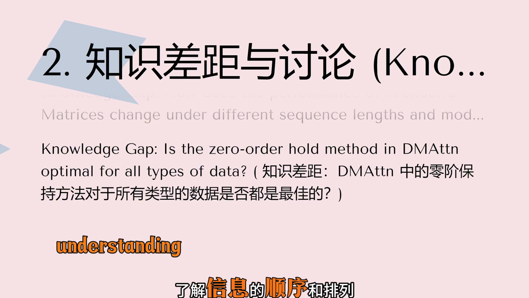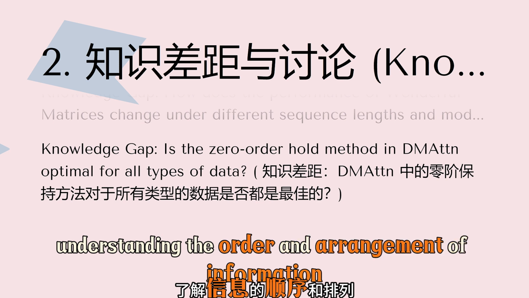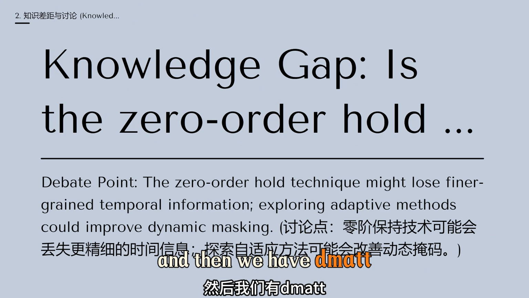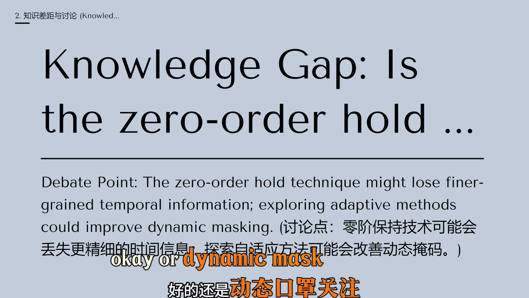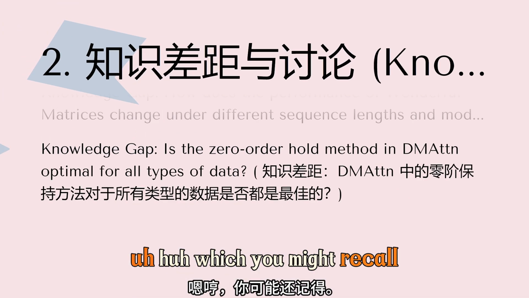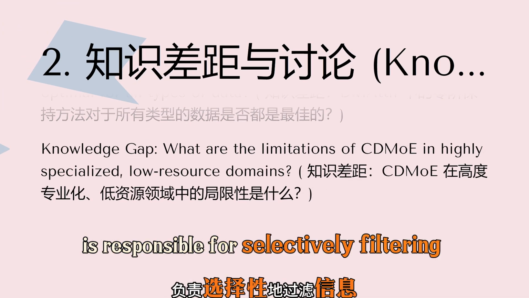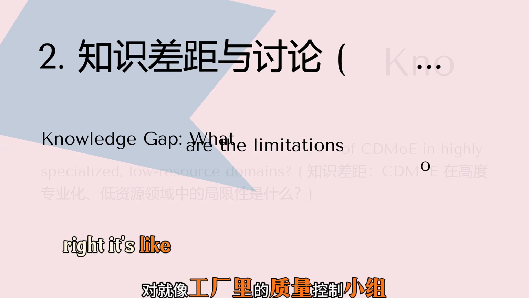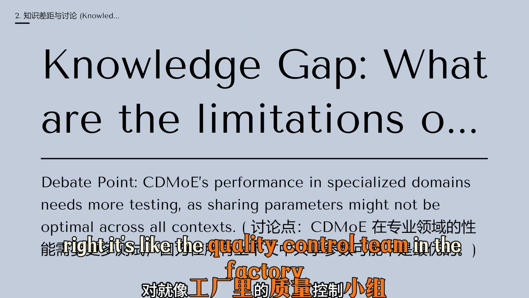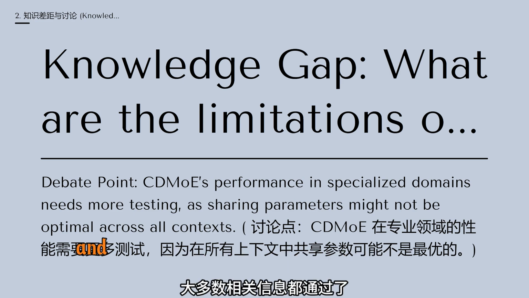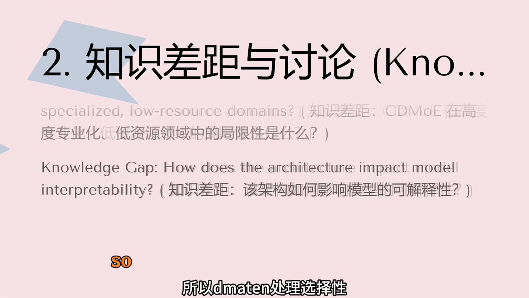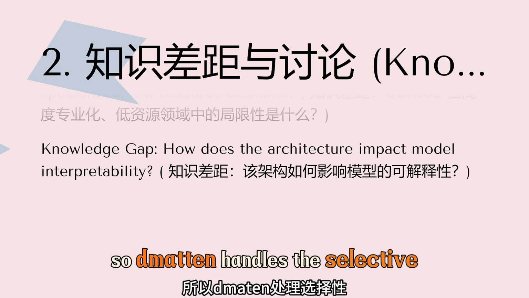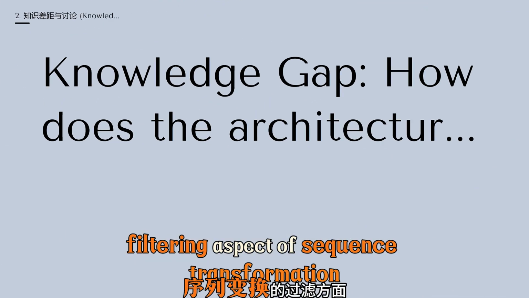It excels at understanding the order and arrangement of information. And then we have DMAT, or dynamic mask attention, which you might recall is responsible for selectively filtering information. It's like the quality control team in the factory making sure only the best and most relevant information makes it through. So DMAT handles the selective filtering aspect of sequence transformation.